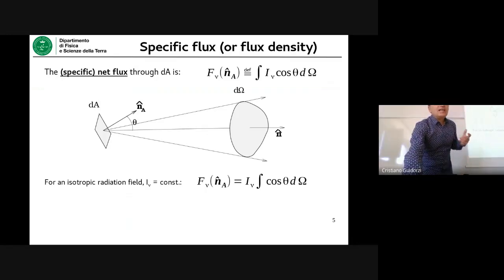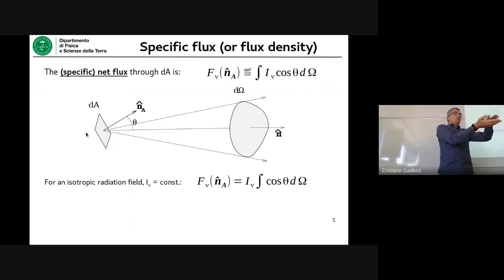While instead, let's suppose, for example, I_ν, when it is parallel or close to parallel to n_A, is positive, and in the other case, you have 0. For example, if you consider as a surface element just the surface element of the surface of a star, in that case, you have radiation coming out in just one direction.